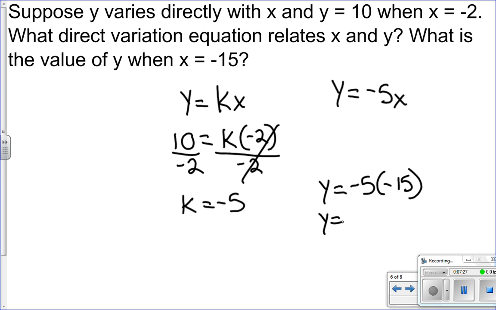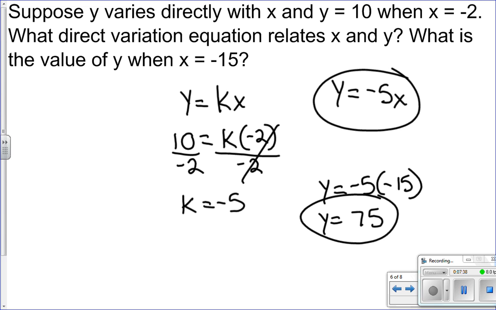Well, -15 times -5, that's a negative times a negative, so it's positive 75. So your equation is y equals -5x, and the answer when x equals -15, y equals positive 75.